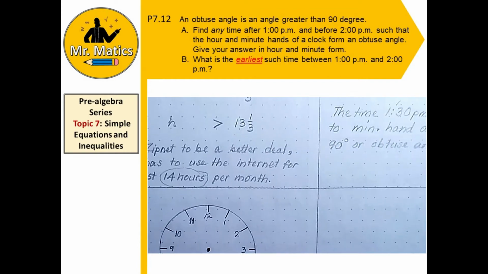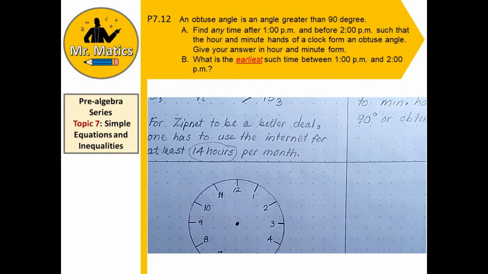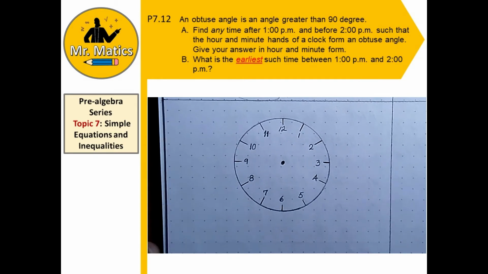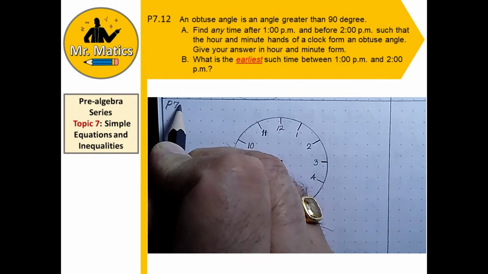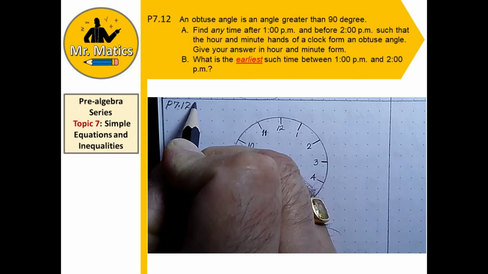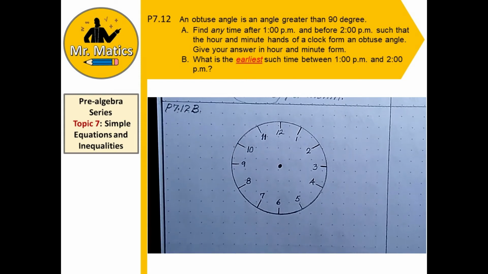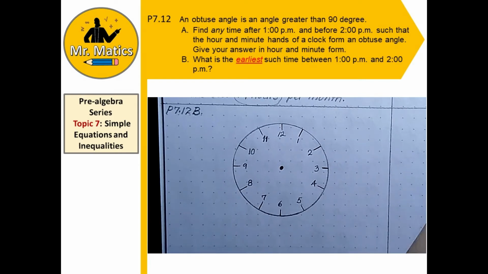Now let's do the second part. Let me adjust the camera. Okay, let's do the second part. Problem 7.12b. I drew again the clock, and we'll start placing the hour and minute hands.